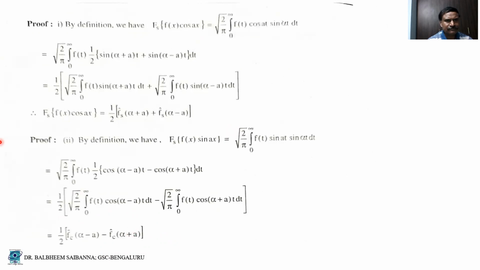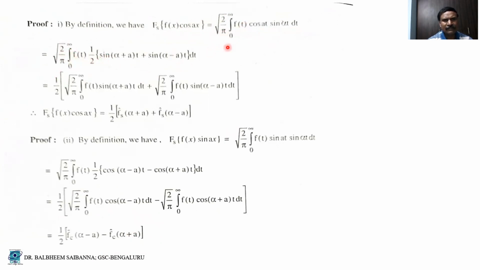First one, by the definition we have Fs of f of x cos ax. The Fourier cosine transform definition we will study in the next class. Fs of f of x cos ax is equal to root of 2 by pi integral 0 to infinity f of t cos at sin alpha t dt. Then root of 2 by pi integral 0 to infinity f of t as it is.